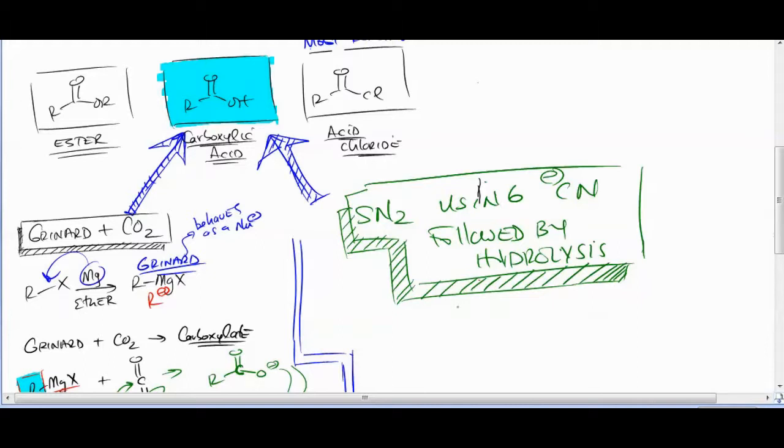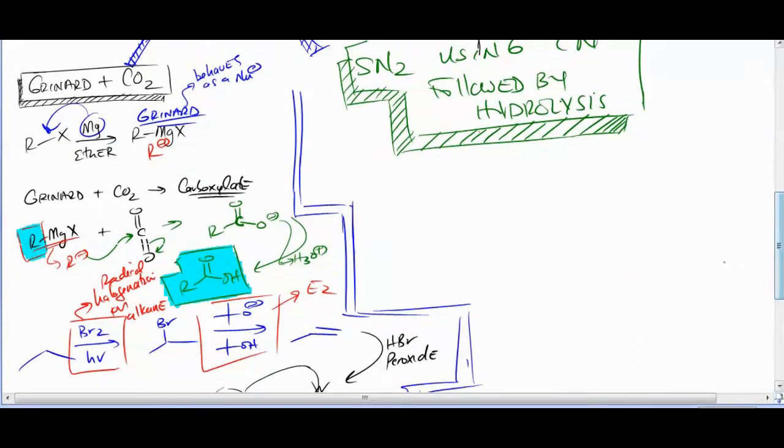So we can have H2O and acid, or basic condition and heat. That's what you're seeing here. I'll write it out. You have the nitrile here, and you do a hydrolysis and turn it into a carboxylic acid. So we kind of talked about that before, but let's look at it more carefully.